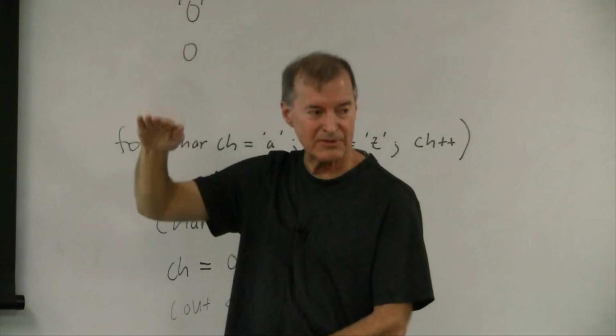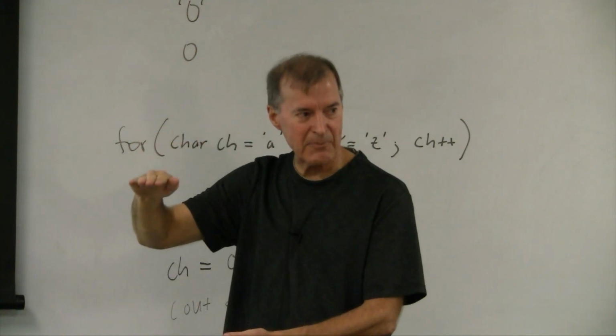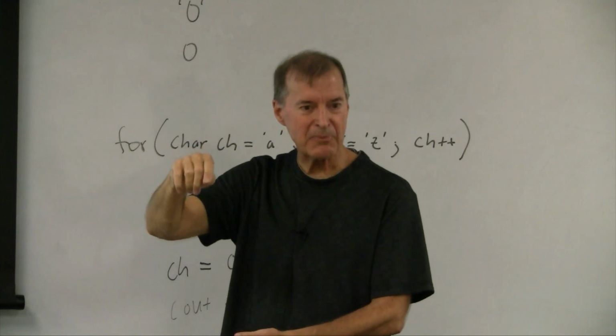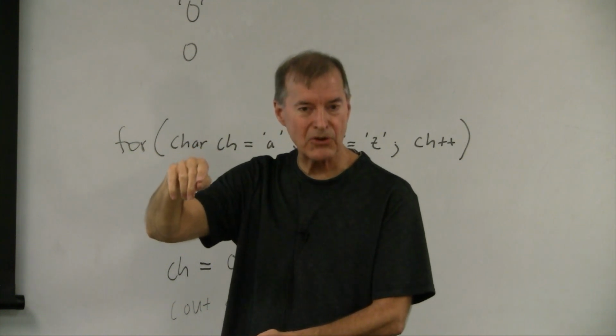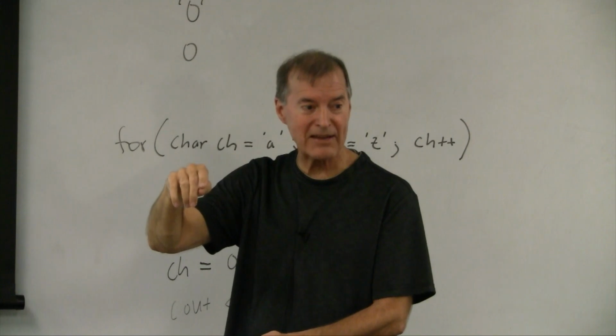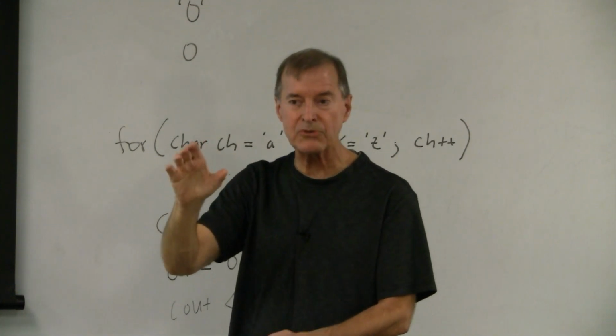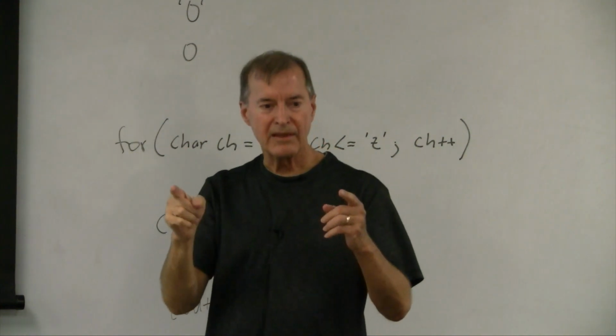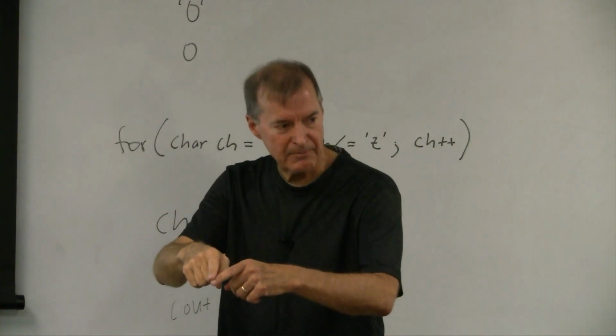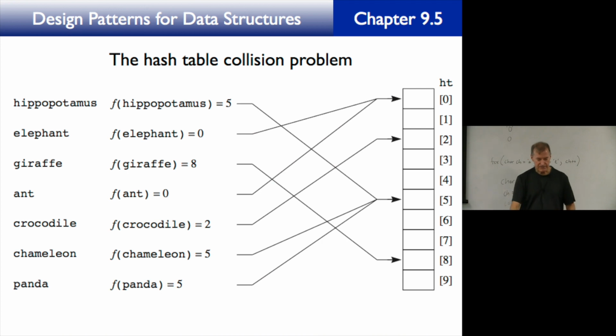If you're going to reduce the size of the table, then each key does not have its own unique slot. In fact, it's mathematically impossible for each one to have its own slot. So that means at least some of them must hash into the same slot. That is called the collision problem.